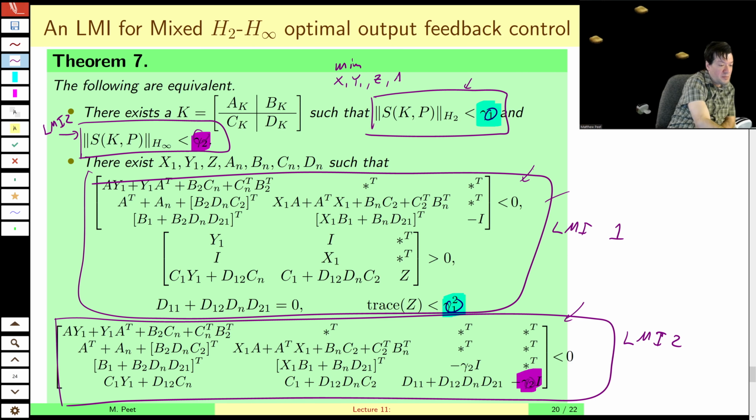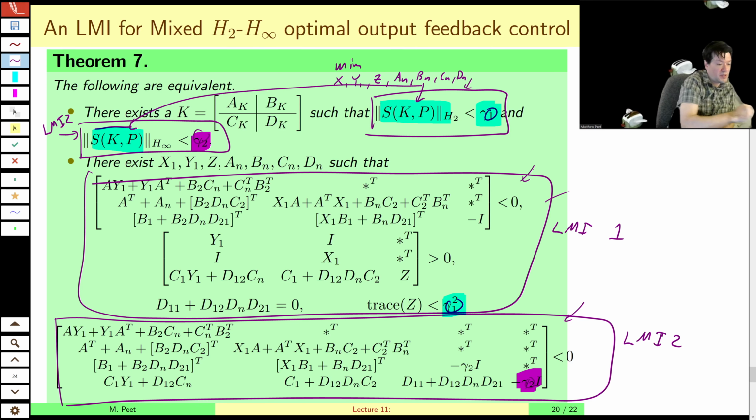We've got AN, BN, CN, DN, which represent the transformed version of the controller. In both cases the closed loop norm of the system is the same, so these are the same. These AN, BN, CN, DN yield the same K in both cases. So this is an LMI on this.